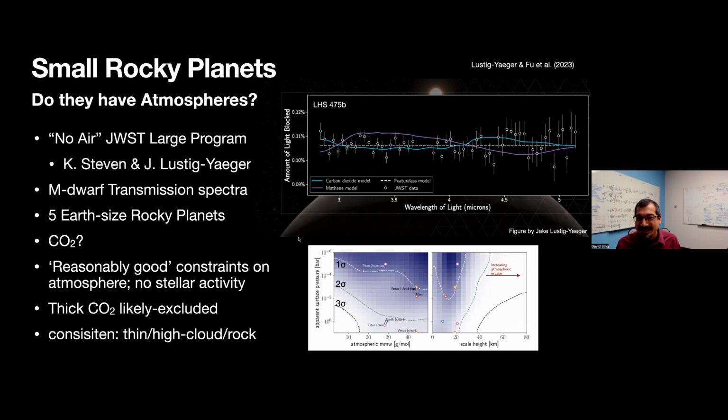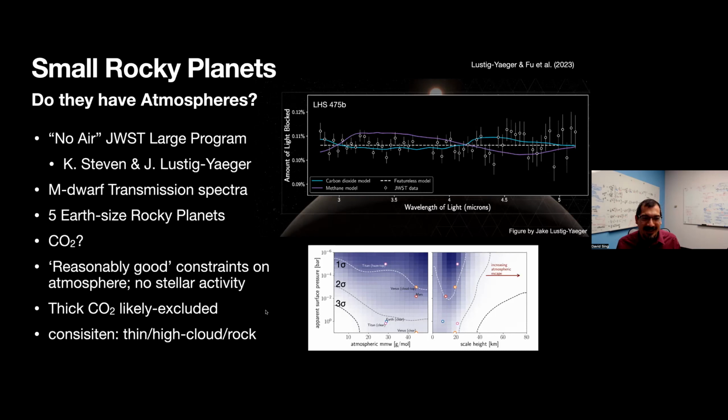You don't really see too much CO2, but you actually get fairly reasonable constraints from this data set. It's kind of nice. There is no sign of stellar activity changing the transit depths.